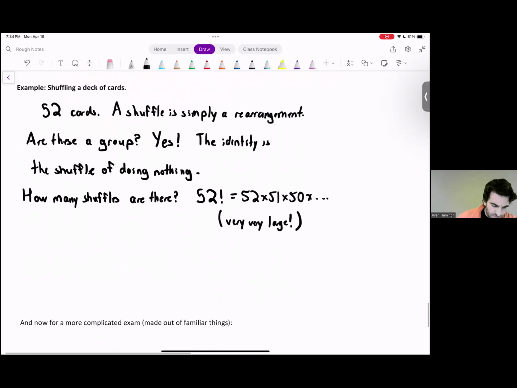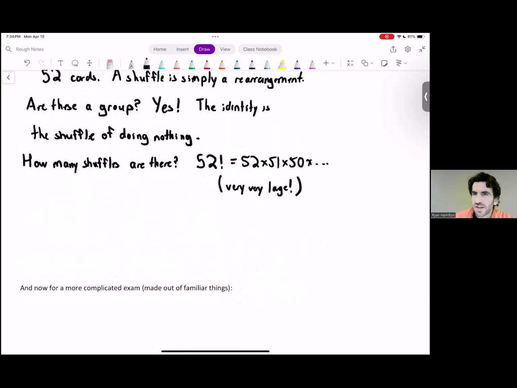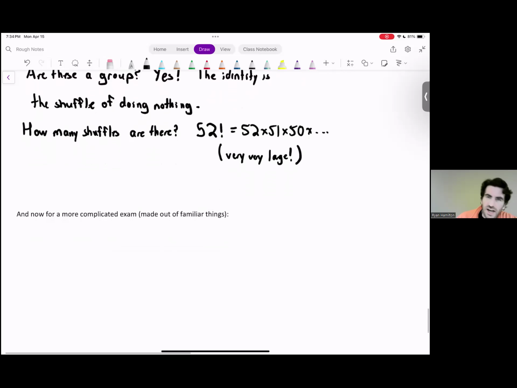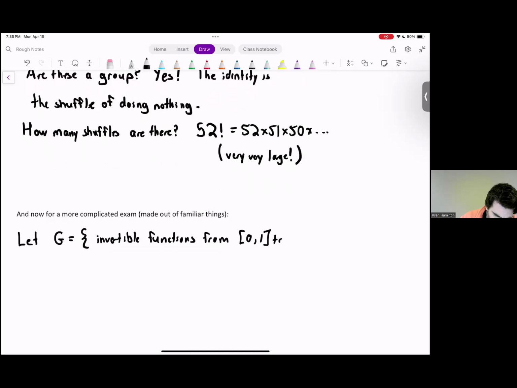Okay. So we will finish with something that kind of makes use of some high school math. Let's talk about functions. So I'm going to claim the following is a group. I'm going to let G be the invertible functions from 0, 1 to 0, 1.